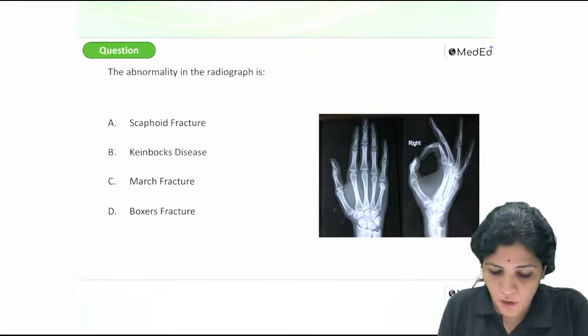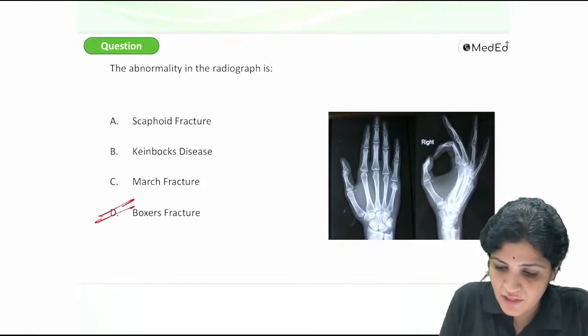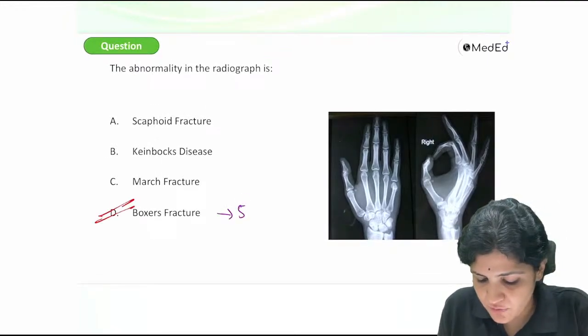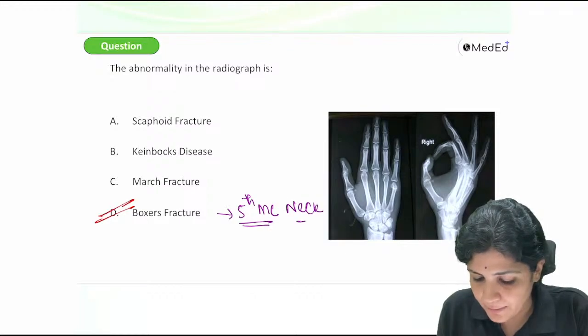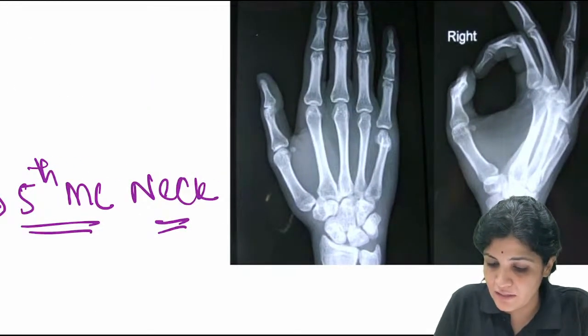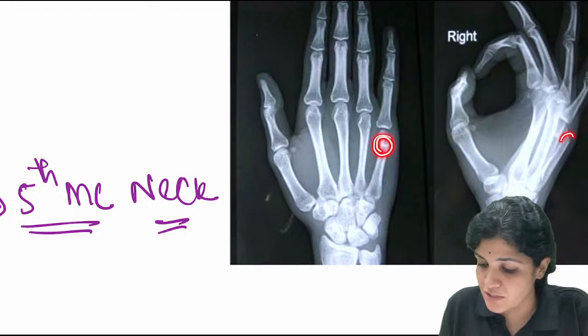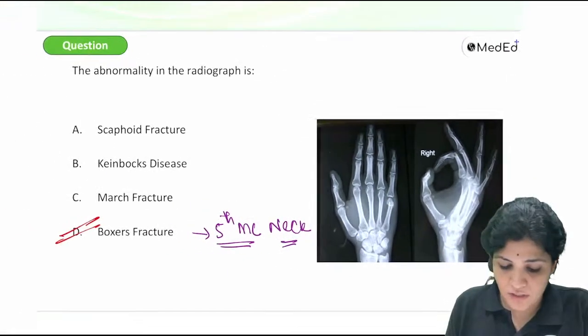Yes, very good. This is Boxer's fracture. So what is Boxer's fracture? Boxer's fracture is a fifth metacarpal neck fracture. Here, if you see, there is a fifth metacarpal neck fracture, and this is called the Boxer's fracture.